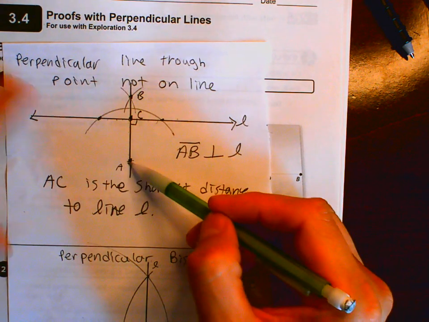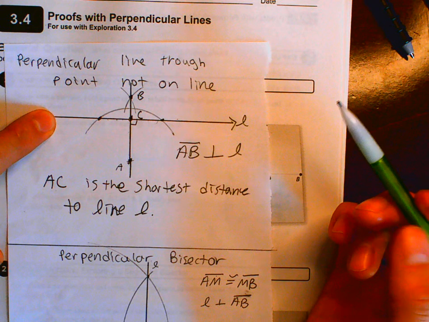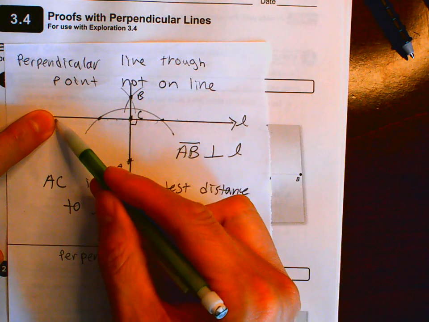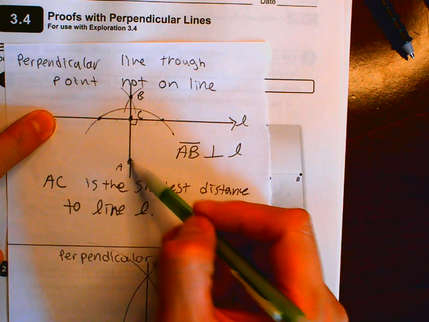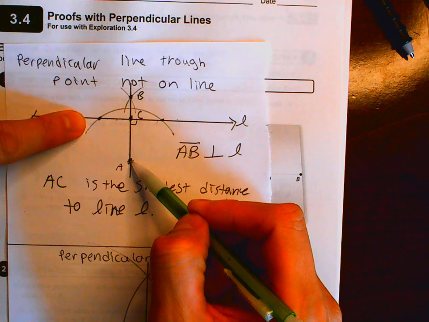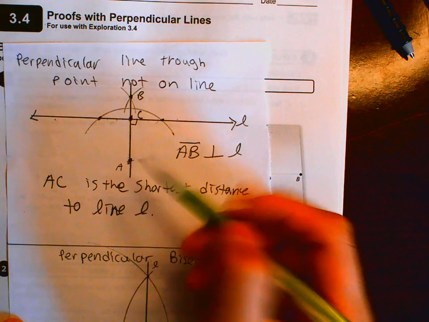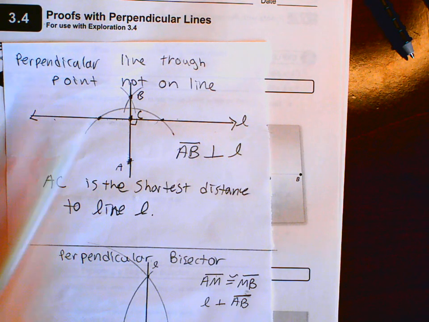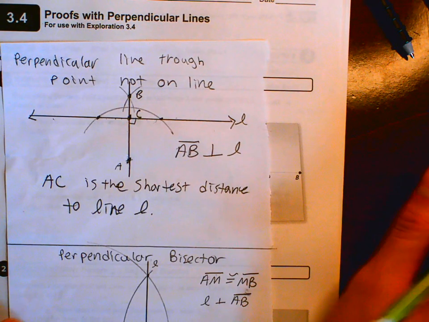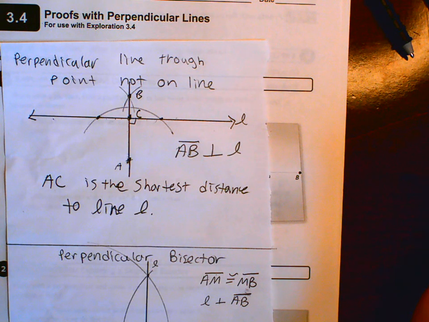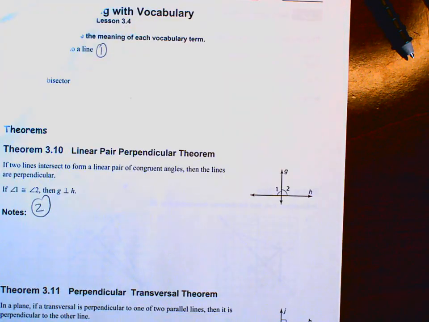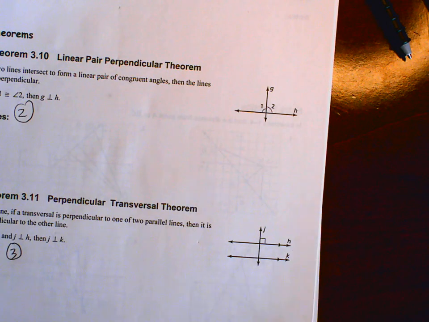If I were to pick a point right here, right where my finger's at, the distance from here to here is going to be a lot greater than the distance from here to, say, here. And then here, and then here. So the shortest distance is always a straight line perpendicular to that. I'm mentioning this because you are going to need that in just a bit. All right. So let's go on to page 83.